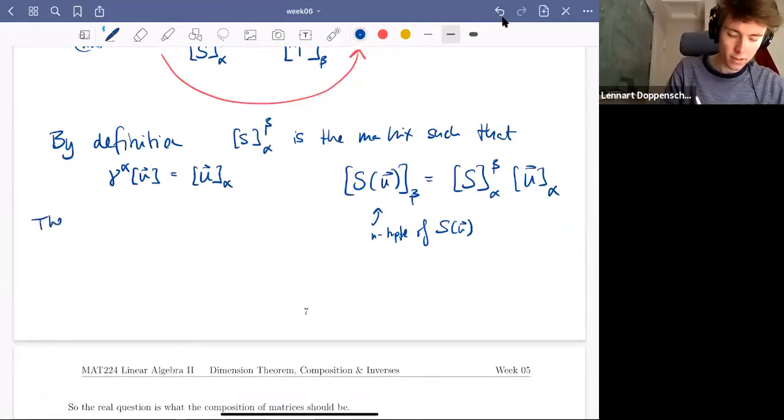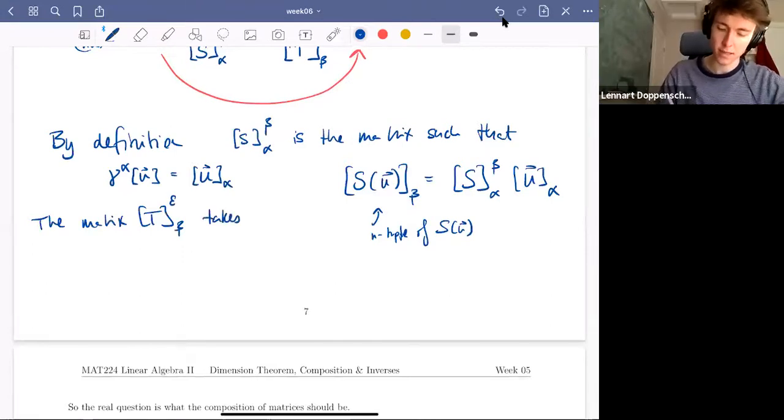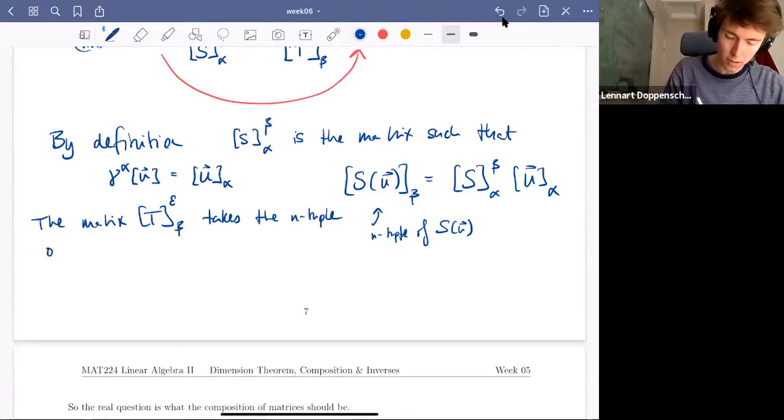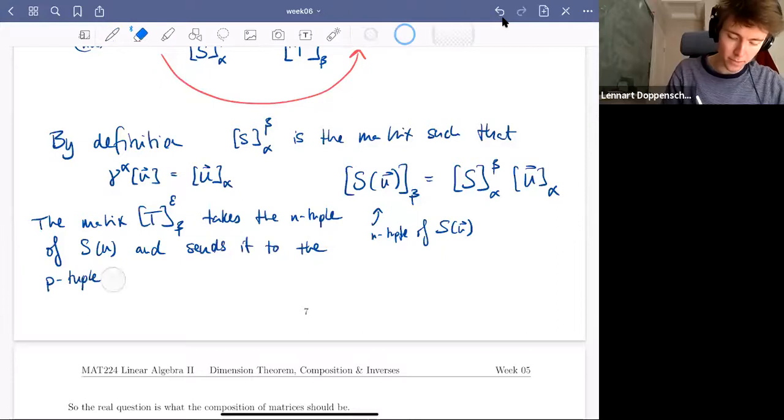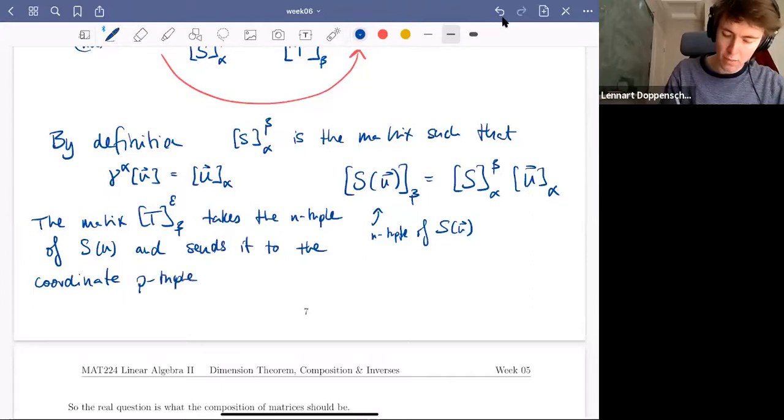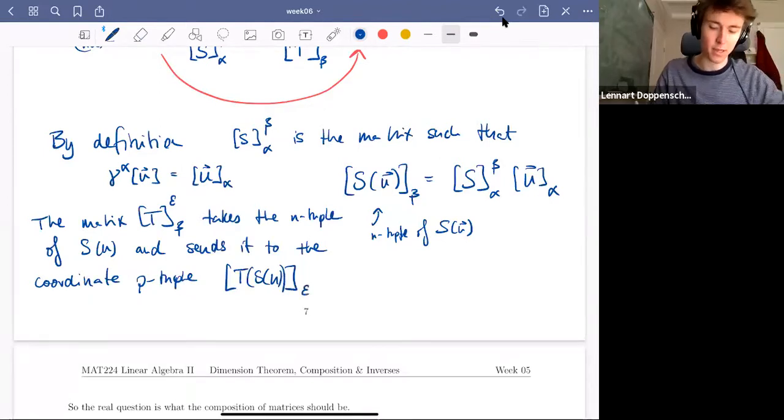So the matrix T beta epsilon takes the n tuple of S of u and sends it to the p tuple, which is the coordinate p tuple of T of S of u in the basis epsilon.